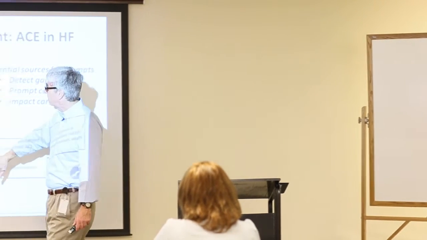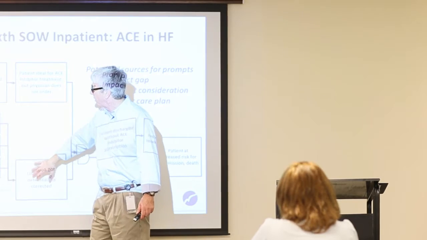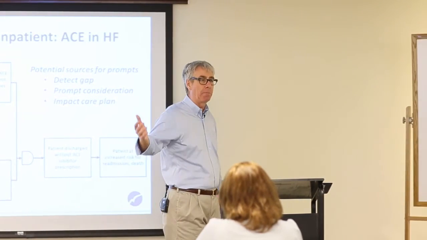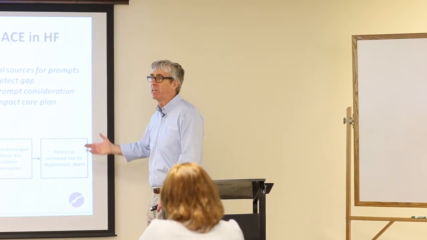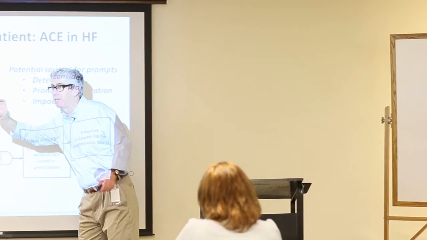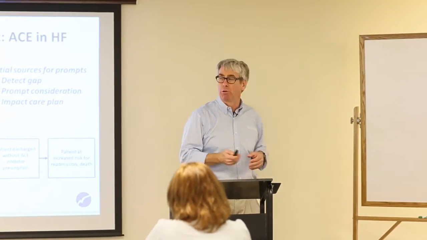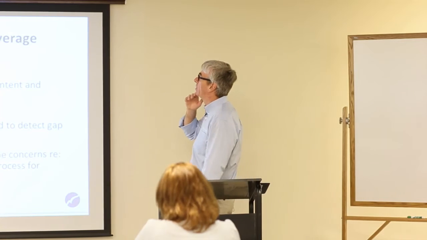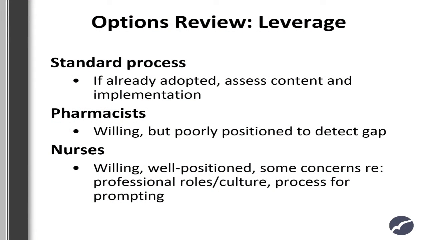So we're interested in this because we could find in Utah, for example, we could get to 90% of our admissions in 17 hospitals. So these look like a more manageable group to get to. So what do we do? We reviewed. Standard process: if you already have a standard process, let's just see, does it have the drug in there?